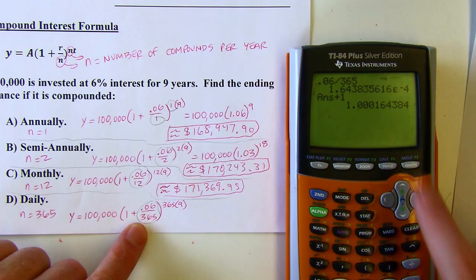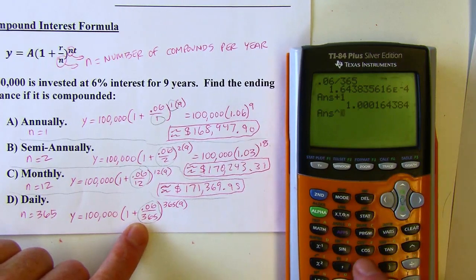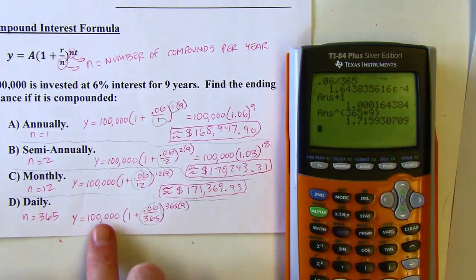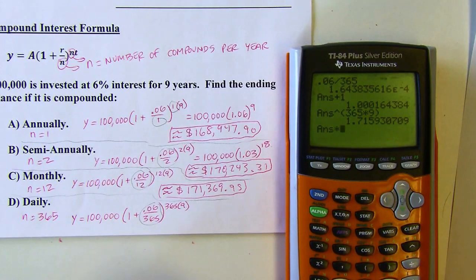That's my base. I'm going to raise this to whatever 365 times 9 is, which I'm not going to risk trying to do in my head. So I'm raising it to that, whatever that is. Got this number, and my final step is to multiply by 100,000.